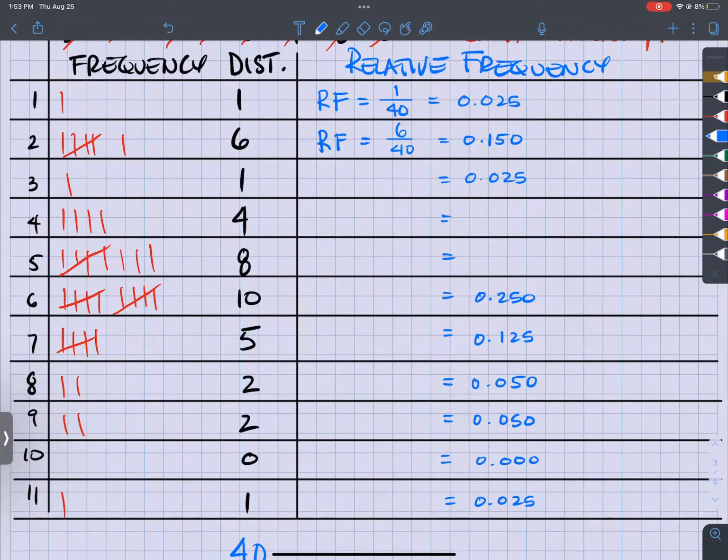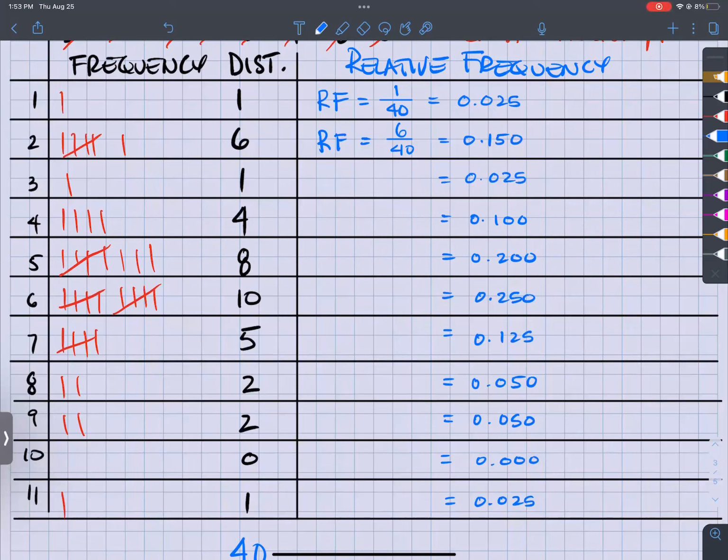So 4 must be 0.100. So 8 must be 0.200. How did I do? Wow, no calculator needed. Look, Ma, no hands.